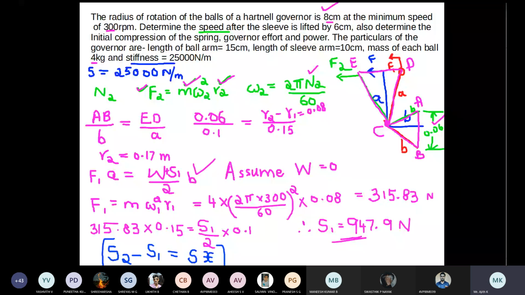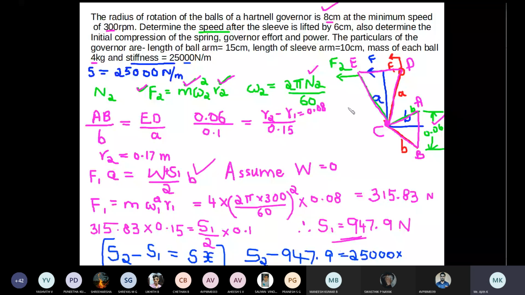Now we calculate what is the S2 value. S2 minus S1: 947.9 is equal to S value, which is 25,000, into small letter x value, which is given in the question.